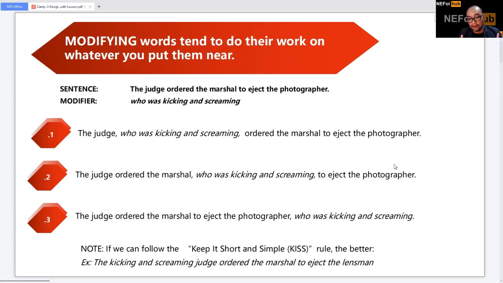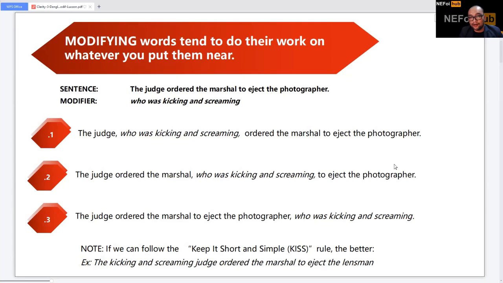So the term who was kicking and screaming is referring to the judge, but in the second example, it refers to the marshal kicking and screaming. And the third one is, of course, the photographer, who is the one who was kicking and screaming.